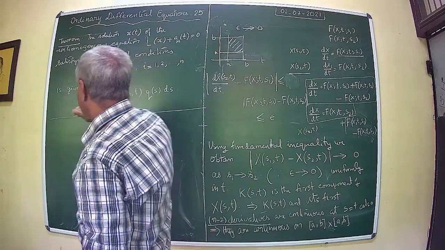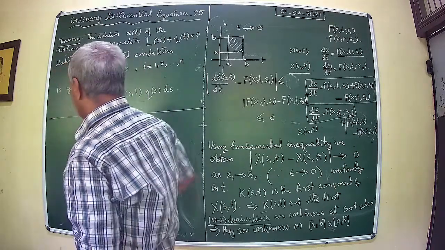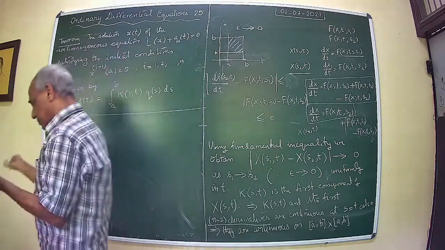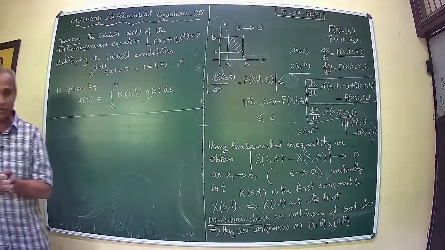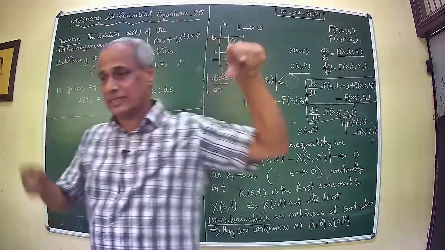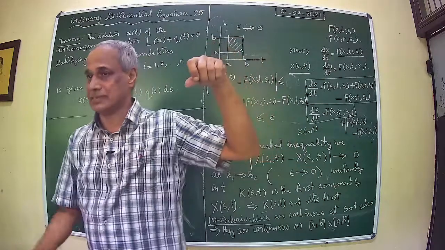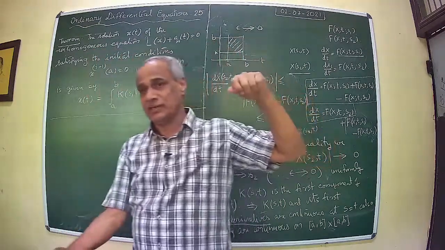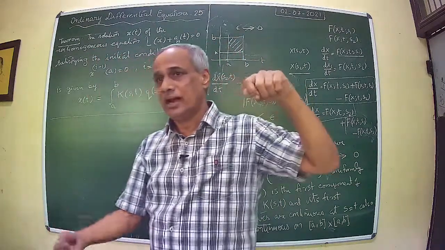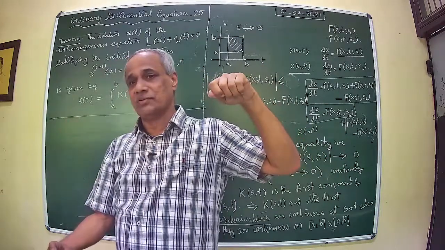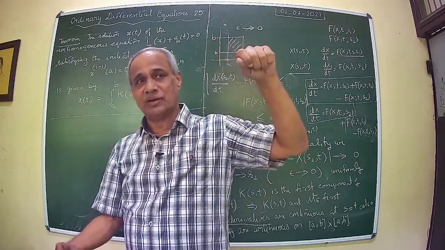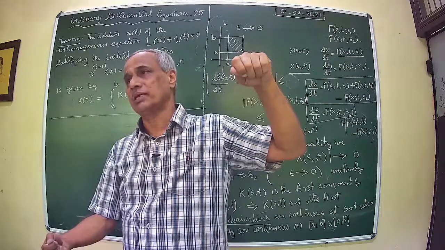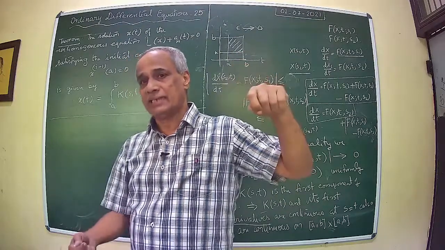produces the function x. If you recall our picture of putting the function x and then getting out Lx, and you want this Lx to be equal to minus q, that's the question that you are asking. What is the x that you have to take so that Lx is equal to minus q? And the answer is this.